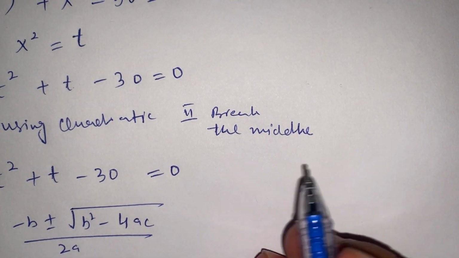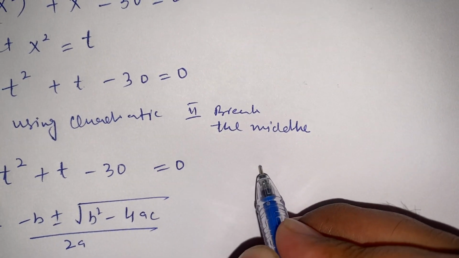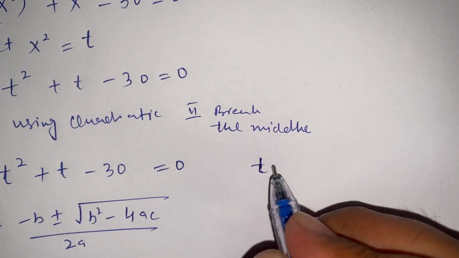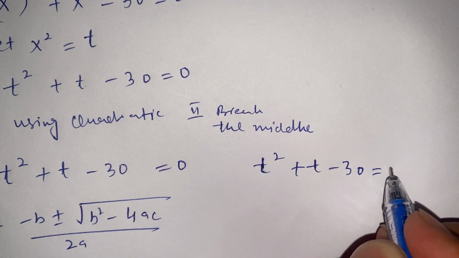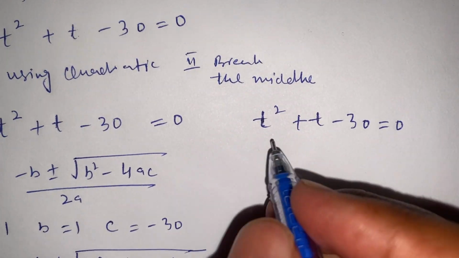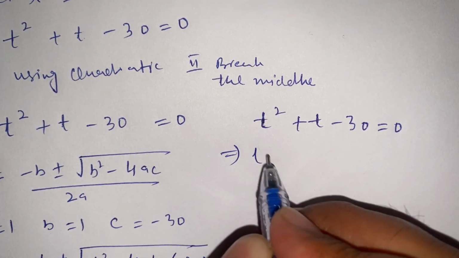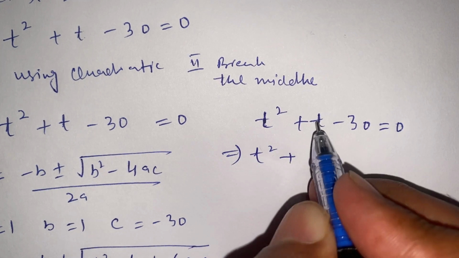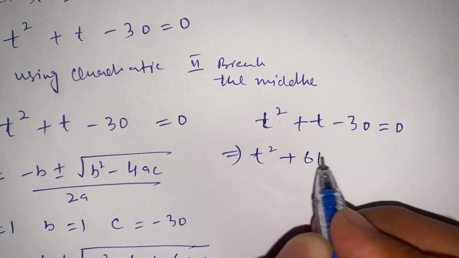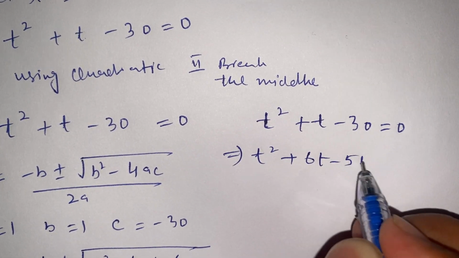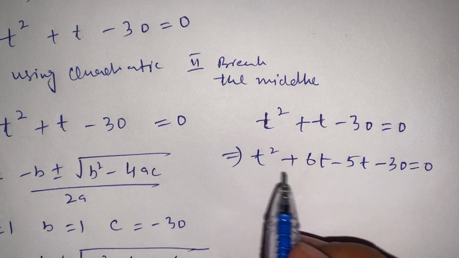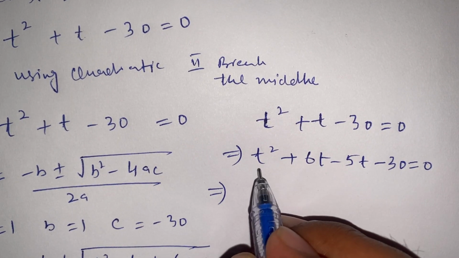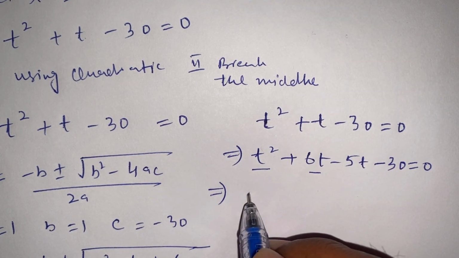Now moving to the second method, break down the middle term. t square plus t minus 30 is equal to 0. Now we can write it as t square plus 6t minus 5t minus 30 equal to 0, which implies we can take t out from both of these terms.